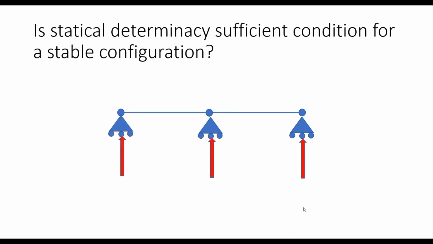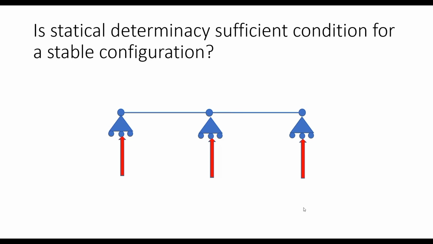Now let us examine this question that we had posed a while back. Does a structure being statically determinate mean that it is stable, or rather, is statical determinacy a sufficient condition for a stable configuration? Let us consider this configuration that you see on the screen. We have three unknowns here, and we have three equations of equilibrium. So this is a statically determinate problem.